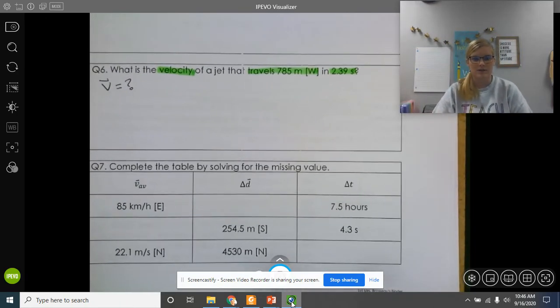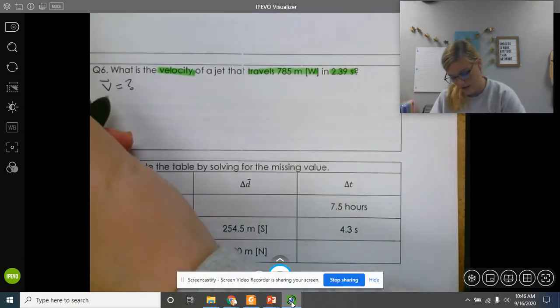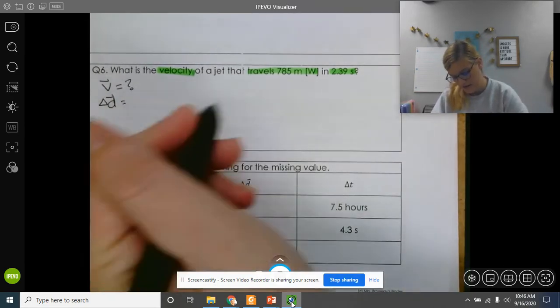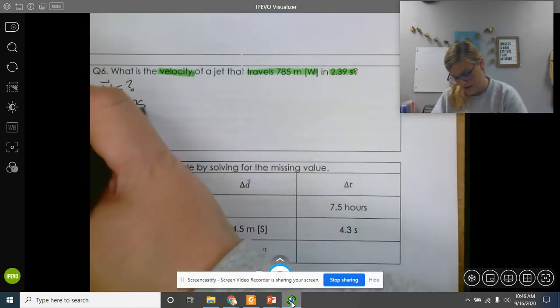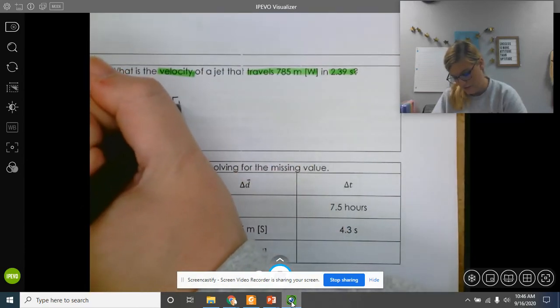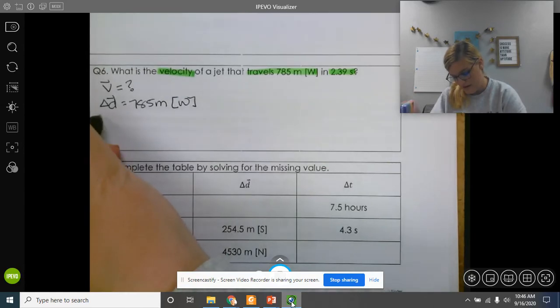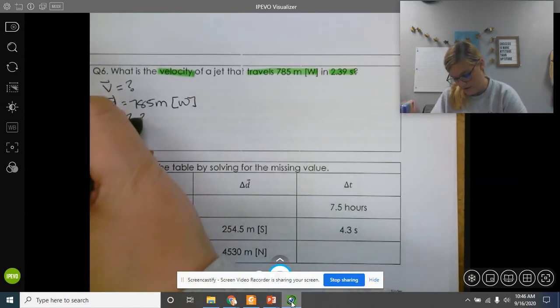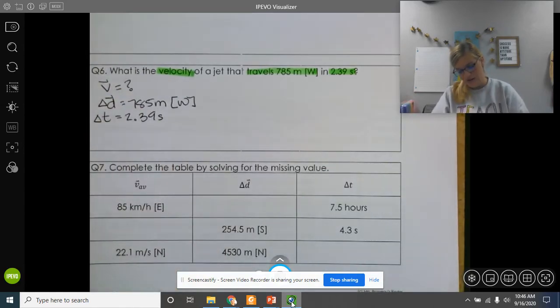Okay, so for question 6, when we're looking for the velocity of a jet that travels 785 meters west in 2.39 seconds, I'm looking for my velocity. My displacement, it had traveled 785 meters west, and the time was 2.39 seconds.